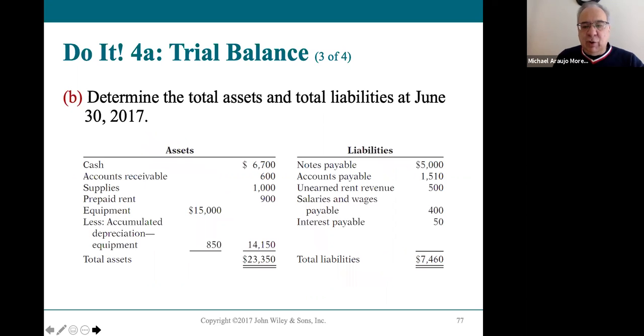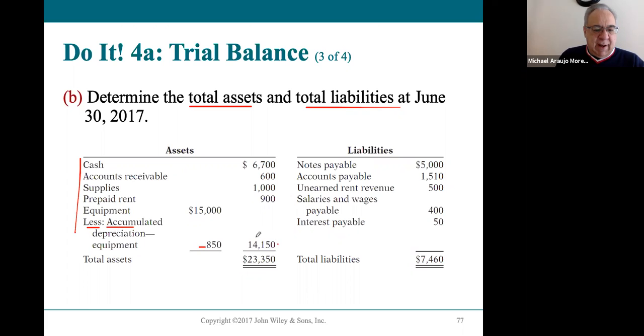The next thing they want you to do is put together a partial balance sheet. I would much rather have just followed the order that we do in real life, which is income statement, retained earnings statement, and balance sheet, but I didn't write the book. So for the assets, you have to look at that sheet. Most assets have debit balances, except you also have to include accumulated depreciation, right, which would be in the credit column because it has a credit balance. Again, accumulated depreciation is taken away from our equipment.